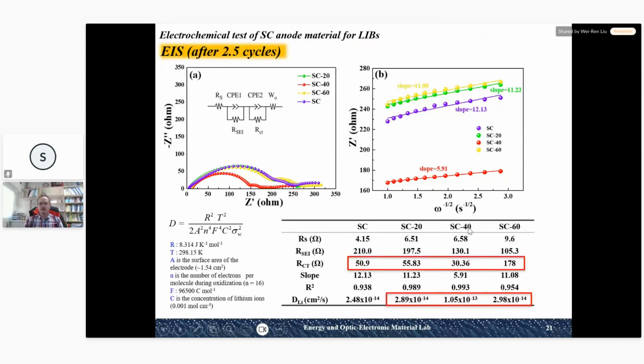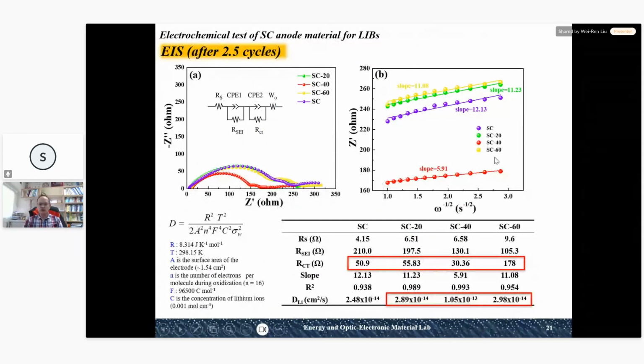But after the 14 times plasma treatment, not only is the SEI impedance reduced by half, the charge transfer resistance also reduced from 30 ohm to 15 ohm. It means that nitrogen doping into the carbon materials could increase the electronic conductivity and also reduce the charge transfer resistance.